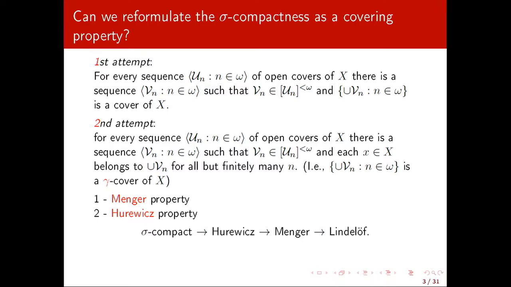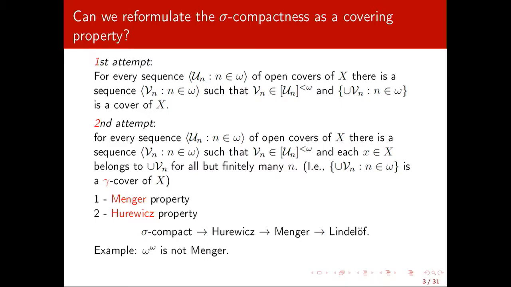And each of them is Lindelöf, because if you have an open cover without any countable subcover, then just look at the sequence where each cover is just this one, and then no matter which finite portions you select, you will never be able to cover the whole space, because these finite portions will at the end give you just a countable subset of this cover. So these are the kinds of properties I would like to discuss today.